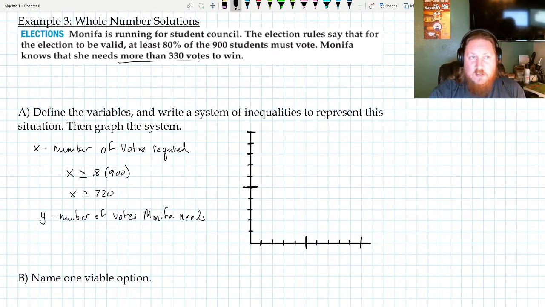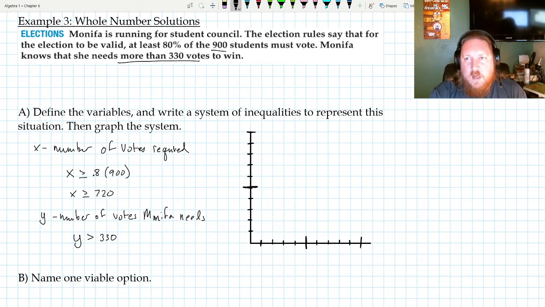So 330 is not going to work, but 331 will. So I'm going to say y has to be greater than 330 votes.